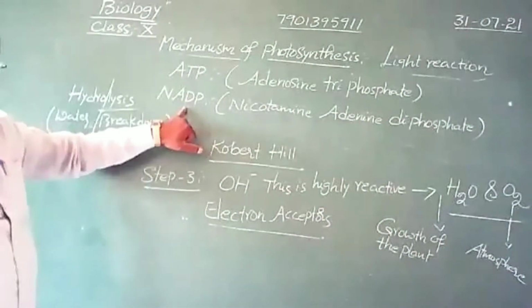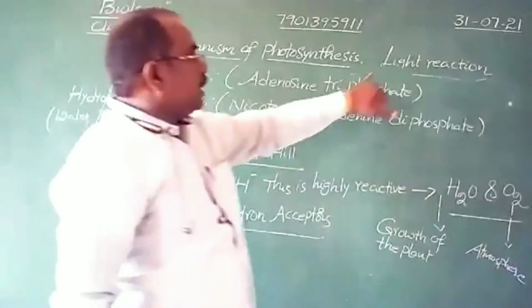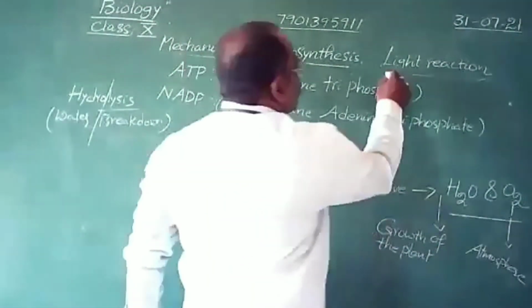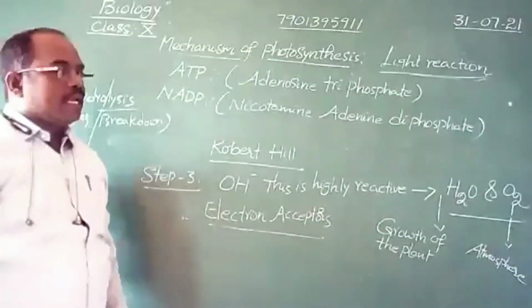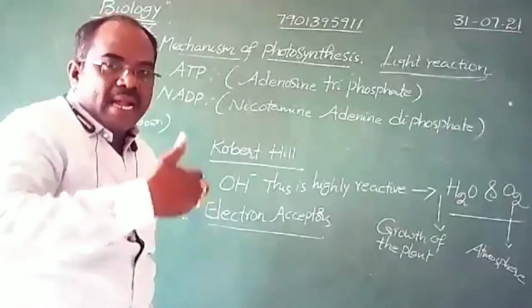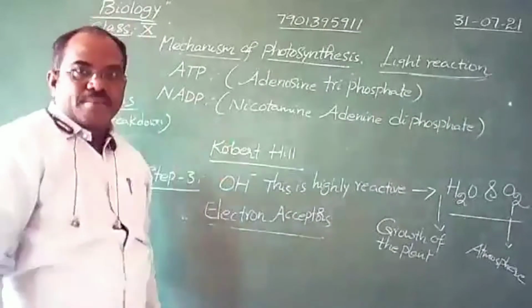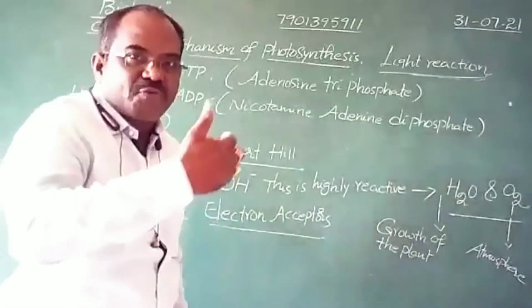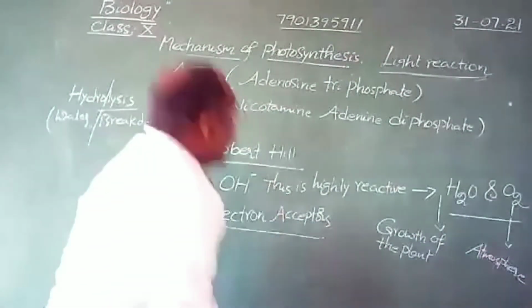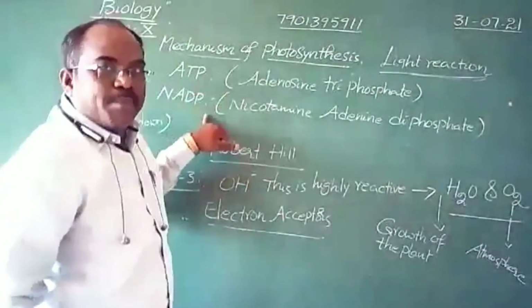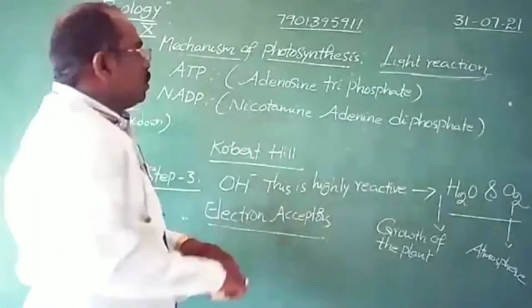ATP and NADP are formed by the light reaction process. At the end of the series of reactions of the light reaction process, ATP and NADP are formed.